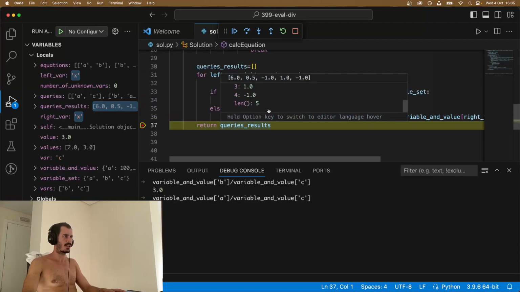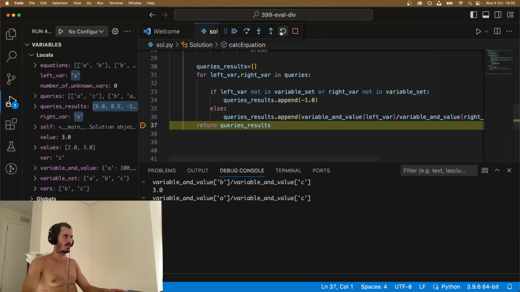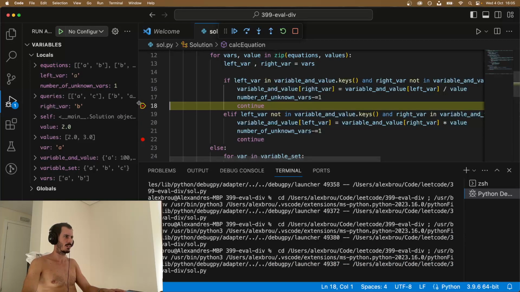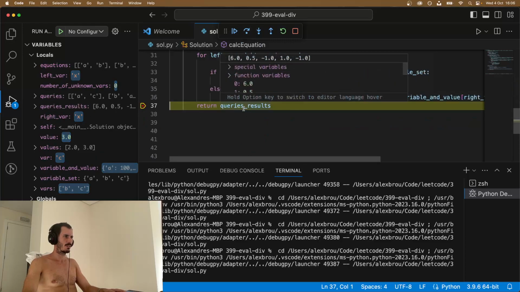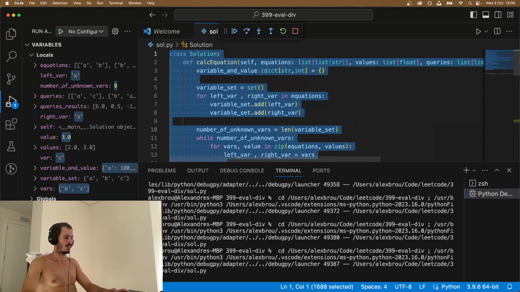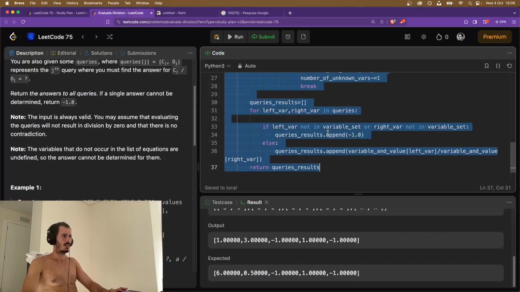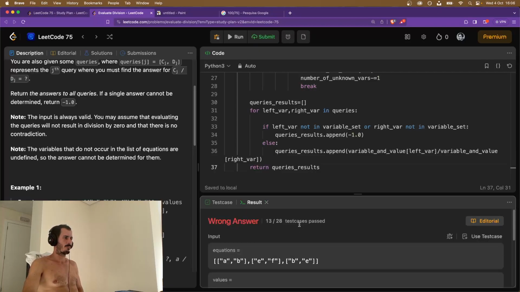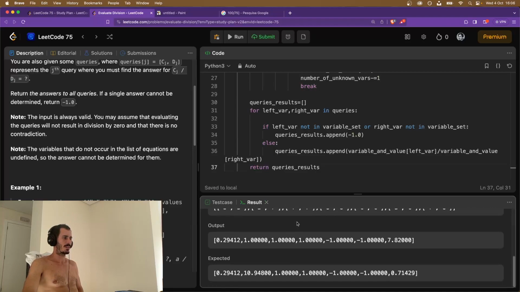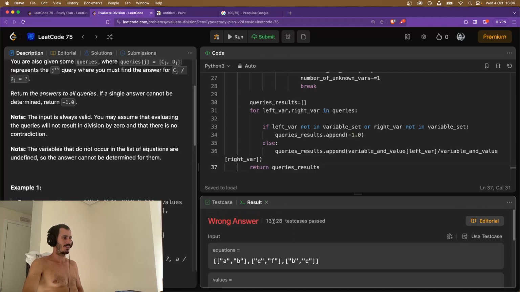I just ran the same code. Didn't change anything, did I? What the hell? Didn't change anything. Now I'm back to the same one. No, actually 13.